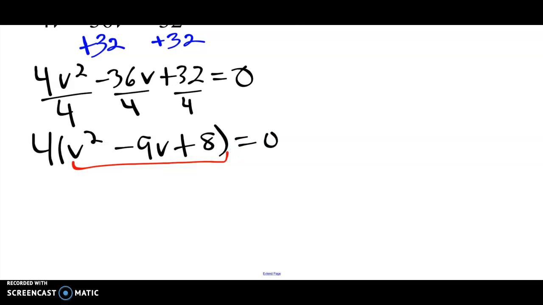So we multiply a times c, whose sum is b. And so it's 1 times 8, which is 8, whose sum is negative 9.